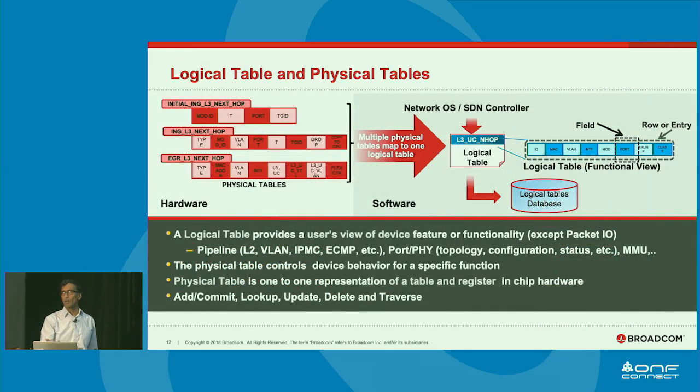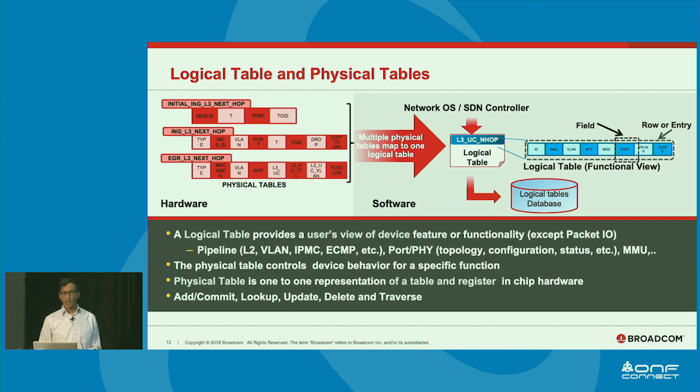We talked about logical tables. Here I'm showing how you could create one table that has many entries and fields, but as far as the user is concerned, they are looking at a single table, while internally there are three tables put together to create this logical view.